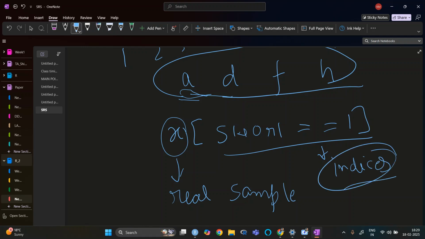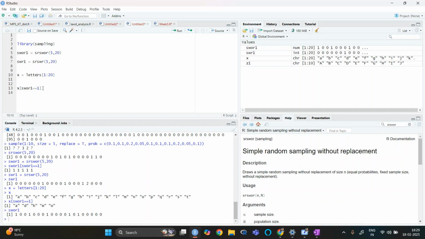Based on these indices we will choose our real sample. Here I have written letters, but in place of that you can give some real-life value, like abcd can be a person, or here it is working as indices.